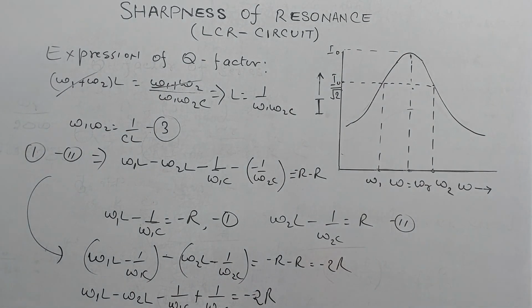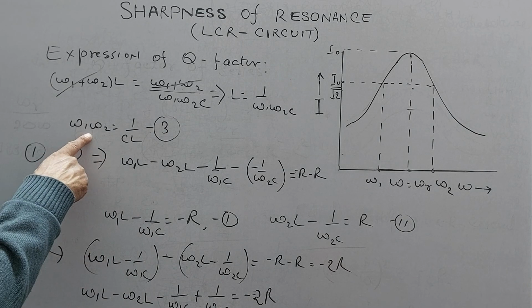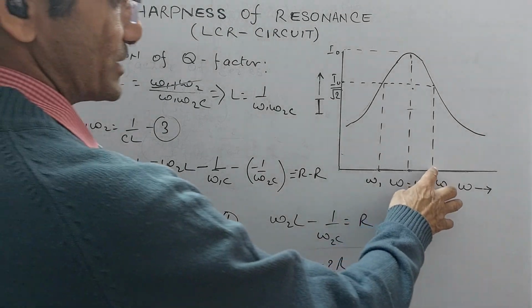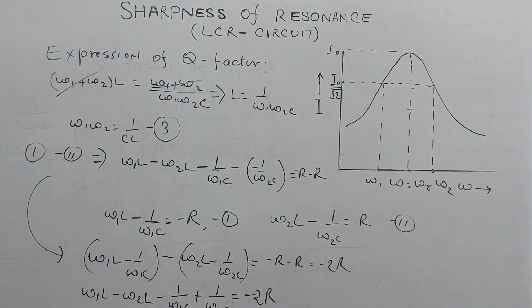So now from here, if I take L outside and 1 by C outside, then taking the LCM and using omega 1 omega 2 equals 1 upon CL, I will be able to find omega 2 minus omega 1.